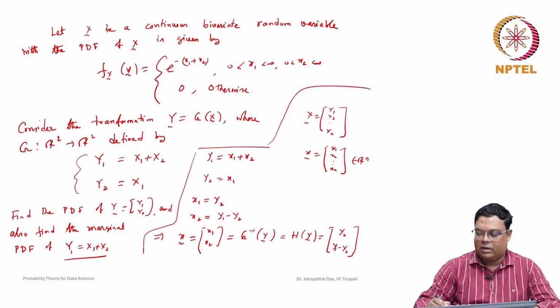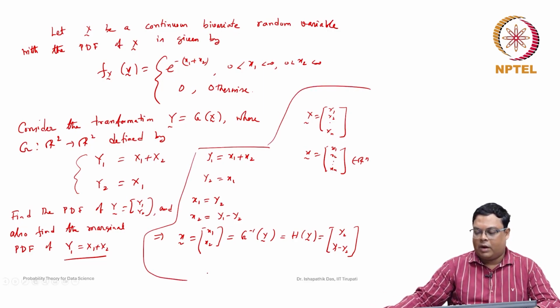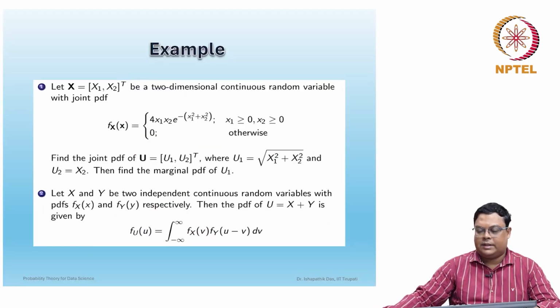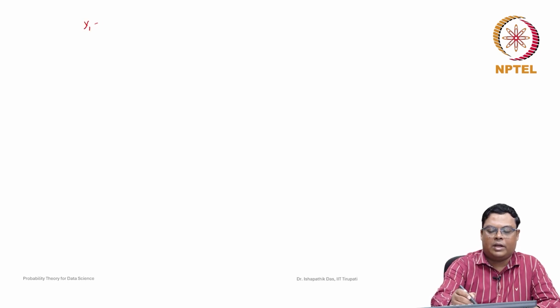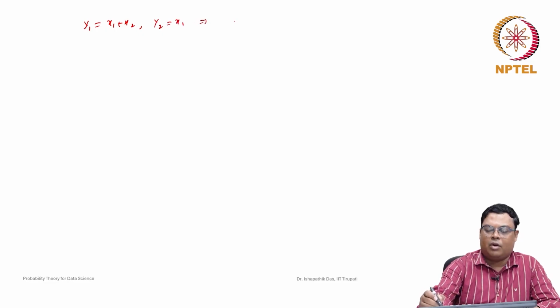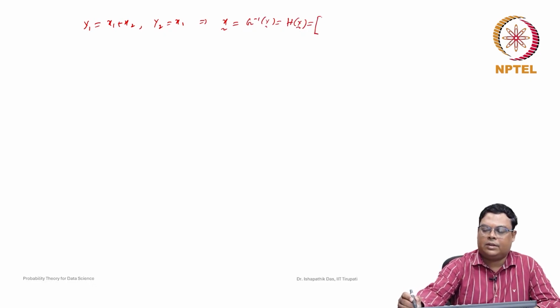We will do it. Now what we found is that y1 is x1 plus x2 and y2 is x1. From here we got the inverse: x is g inverse of y, that is h of y.